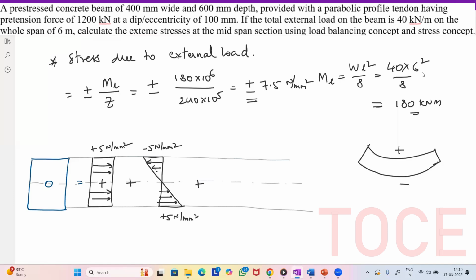Okay. Plus, now we have stress due to the external load, so which is plus or minus 7.5. So plus on top, plus 7.5 Newton per mm square, and at bottom it is minus 7.5 Newton per mm square.